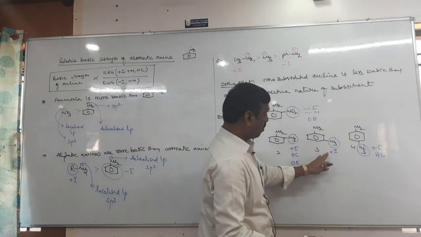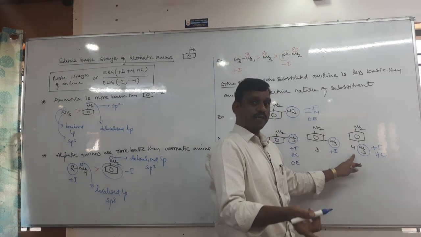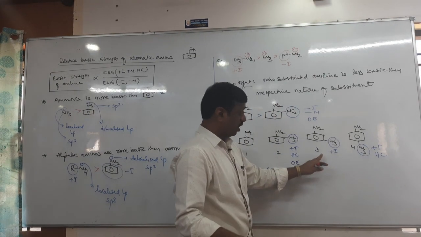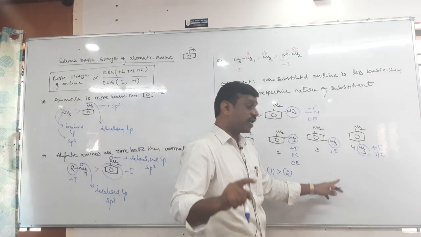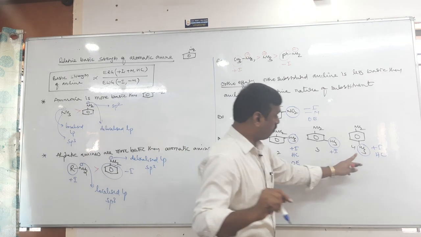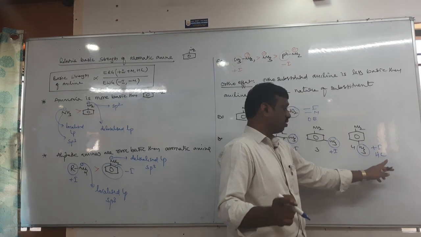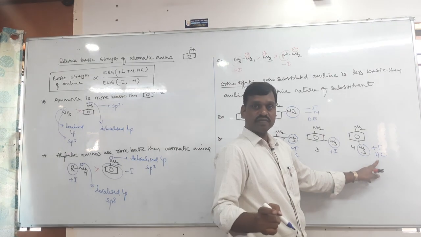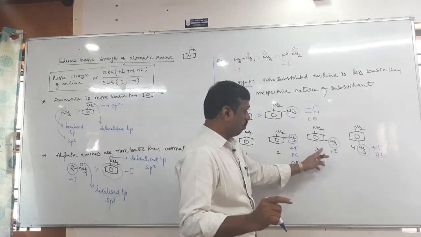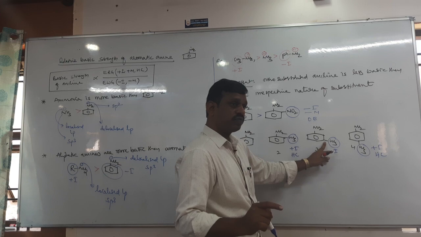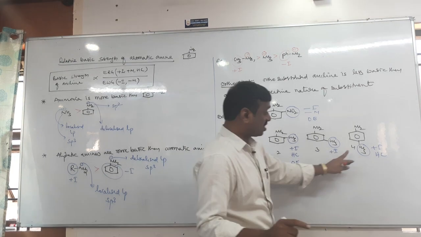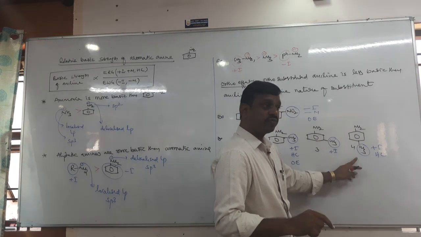Now tell me, among third and fourth, which is more basic? In the third case, electron releasing is because of plus I effect. In the fourth case, electron releasing is because of plus I and hyperconjugation. Therefore, this is more. Then you may have a doubt: plus I effect at the meta position is more, and at the para position it is less, no?